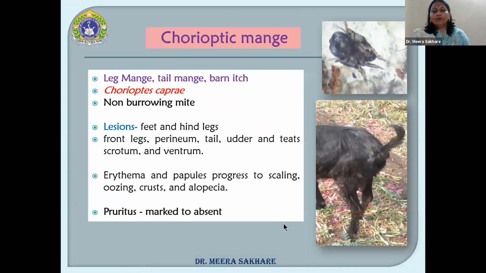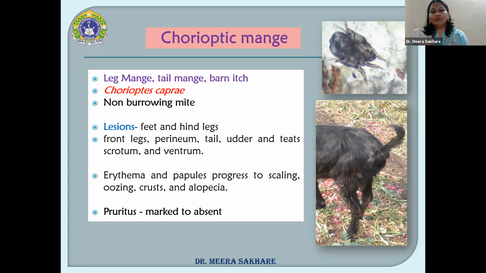Then fourth is mange, it is chorioptic mange, which is commonly known as tail mange or leg mange. This mange has a typical L-shaped or boat-shaped lesion. The hind legs or ventral body part of the animal are typically affected.